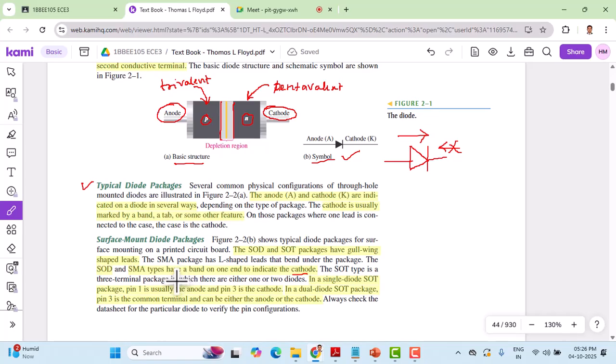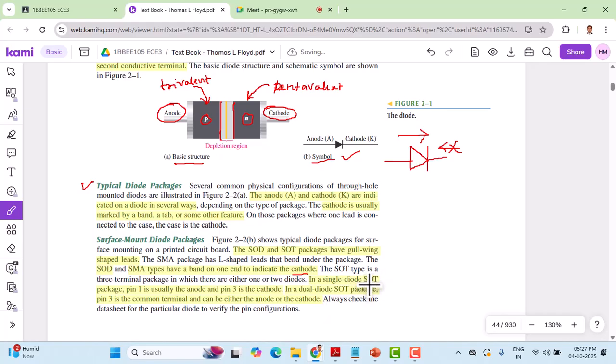SOT type is a three-terminal package in which one or two diodes are placed inside. SOT can be of a single diode type, or of a dual diode type, where you can see two diodes within a single package.